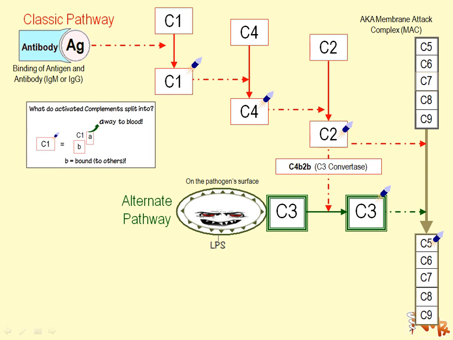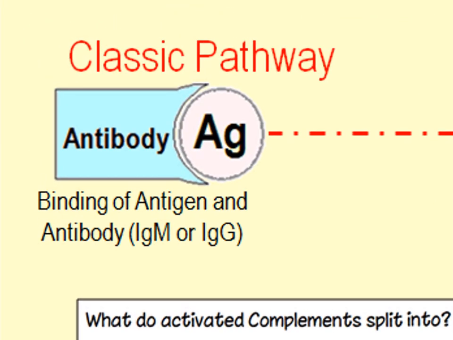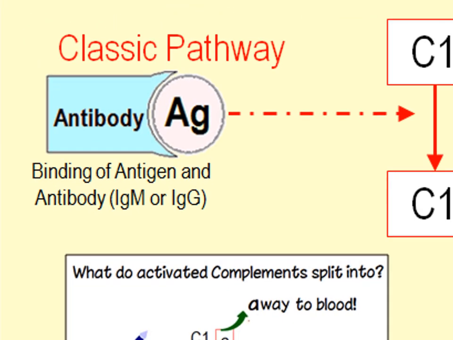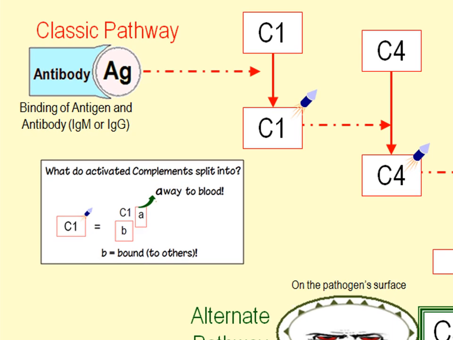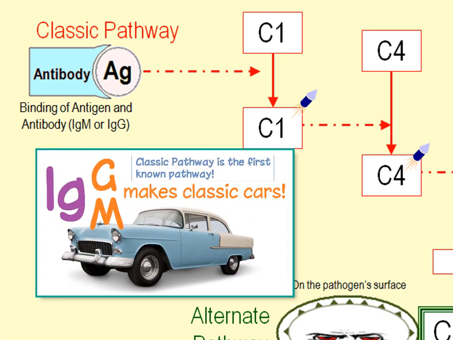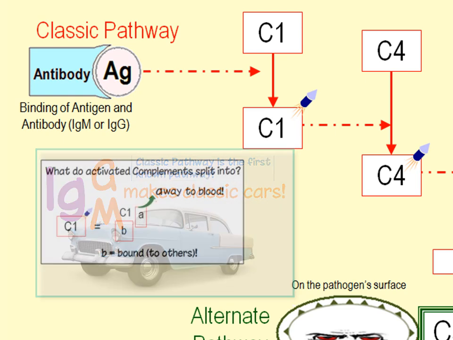The classic pathway starts with binding of antigen and antibody, and remember, the only two antibodies that can initiate the classic pathway, or practically bind the complements, are IgM and IgG. Remember the mnemonic that I said earlier: GM makes classic, for classic pathway, classic cars.